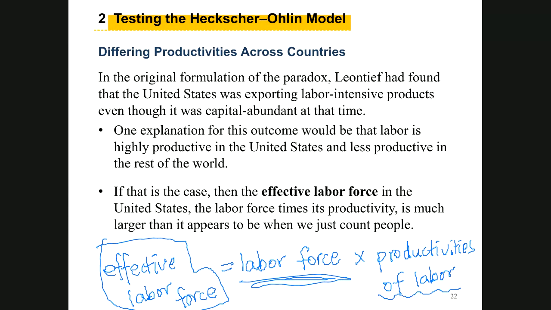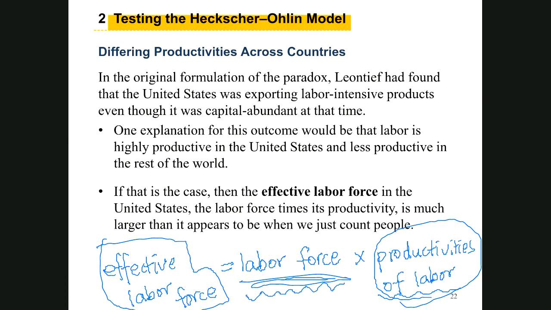For example, farmers in the US have more state-of-the-art equipment, and the machines help the farmer grow a big amount of crops. So the productivity of the farmer in the US is supposed to be much higher than the rest of the world. And in the previous table, we only calculated the actual labor force.